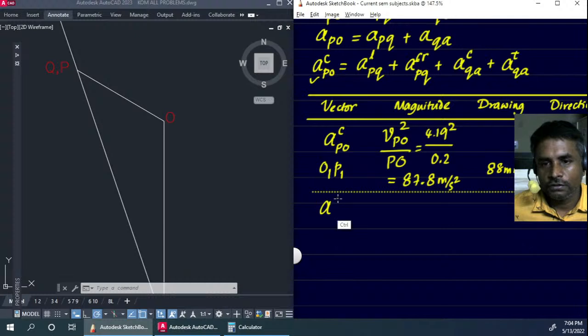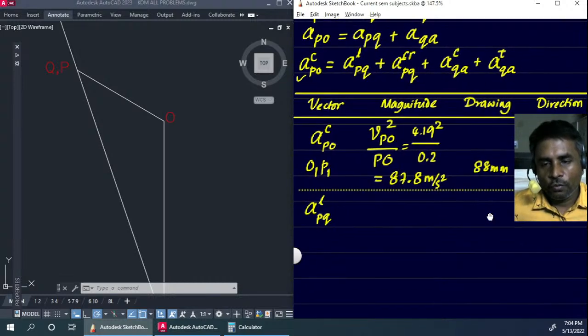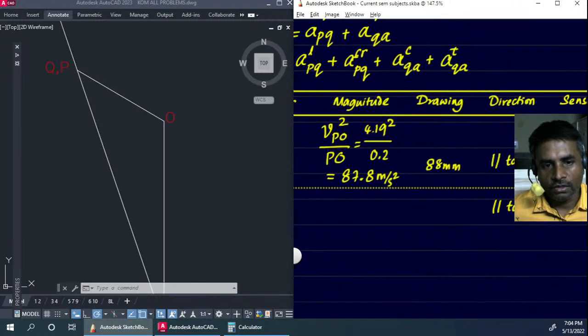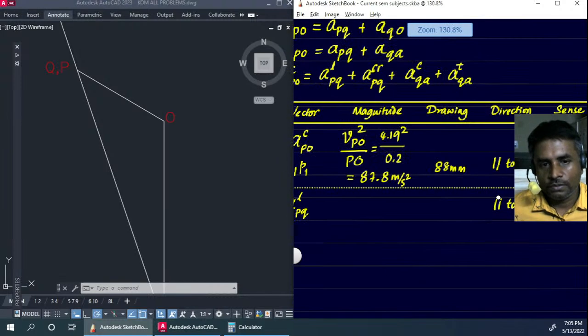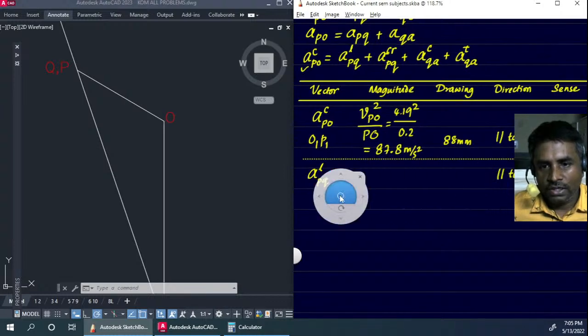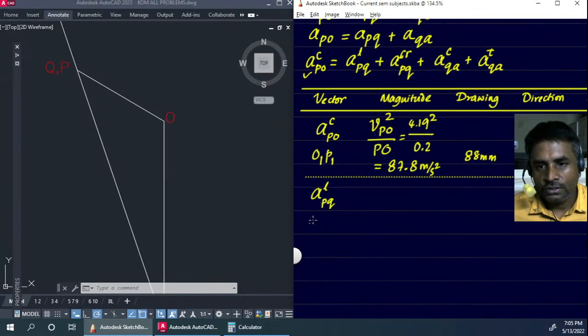Let's say this one, the linear acceleration of P with respect to Q. We don't know how to calculate this yet. We'll have to measure the value from the acceleration diagram, but we know for sure that this will be parallel to the length AQ. This will be parallel to AQ, and we don't yet know the sense of that as well, so we'll just have to be satisfied with the direction at this particular moment, but we'll have to definitely give it the vector.